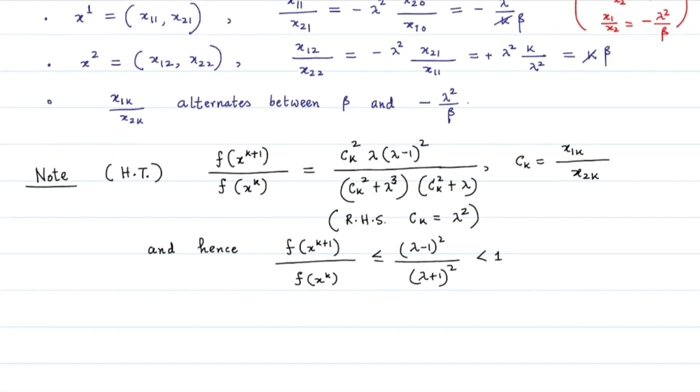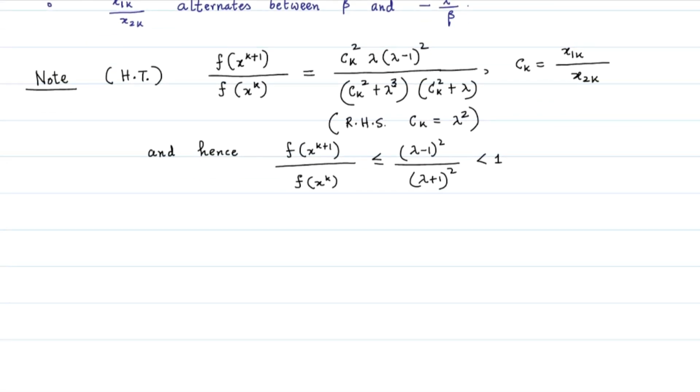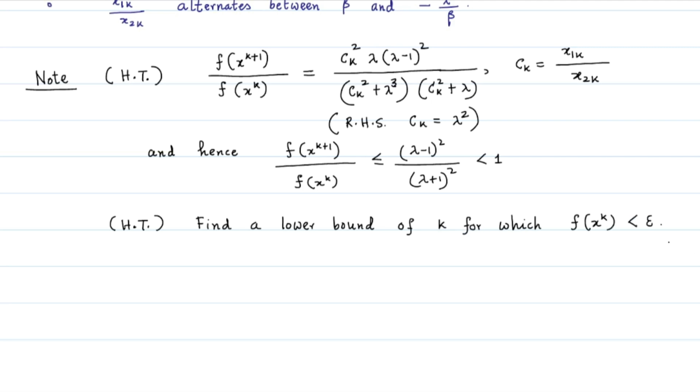To find the least value of k for which f of xk is less than a certain precision epsilon, here is another home task: find a lower bound of the iteration number k for which f of xk is less than epsilon for a given precision epsilon.